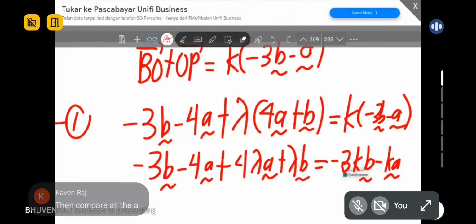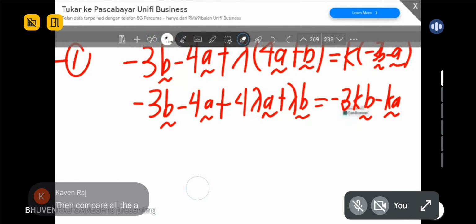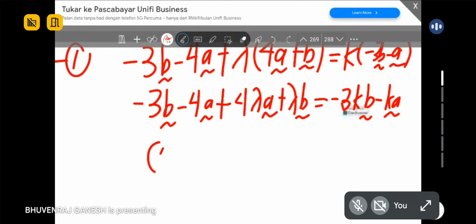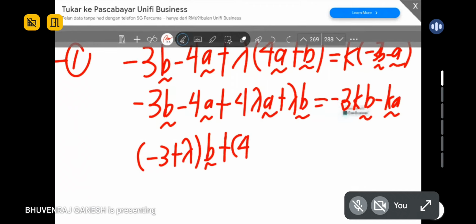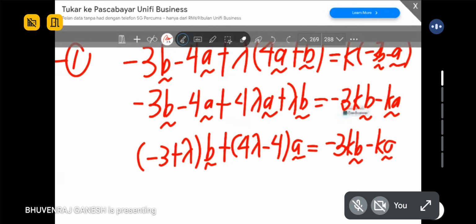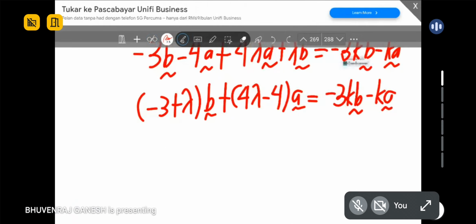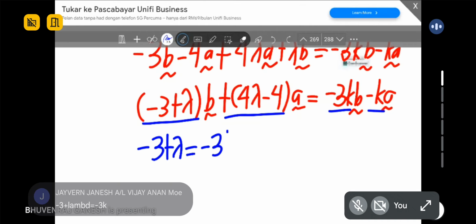When you reach this step, you start to compare, guys. So you can actually factorize: (negative 3 plus lambda)B and then (4 lambda minus 4)A. Can you see that? Now I can compare left hand side and right hand side: B with B, A with A. So negative 3 plus lambda equals negative 3K, so lambda is 3 minus 3K.